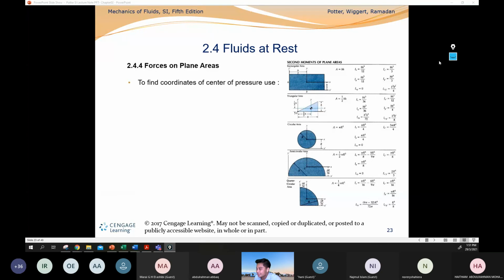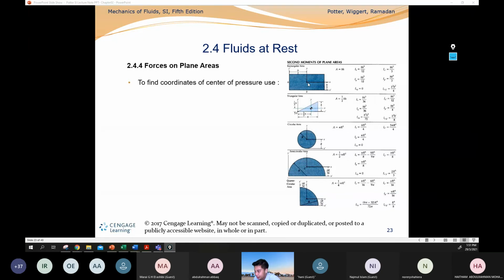So can you see here, I have the second moment of area. For example, you have different kinds of plane shapes: this is rectangular, this is triangular, this is circular and semicircular.